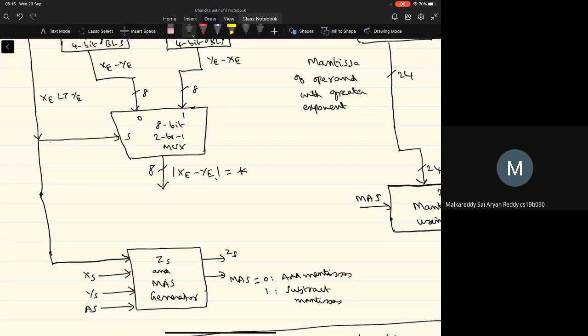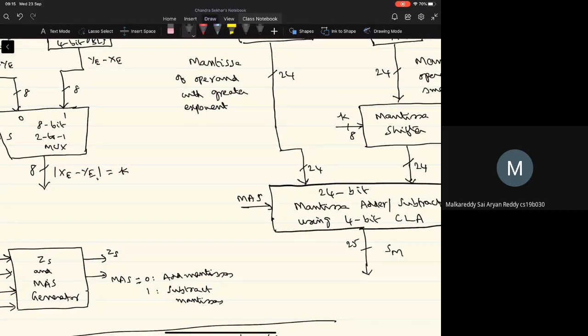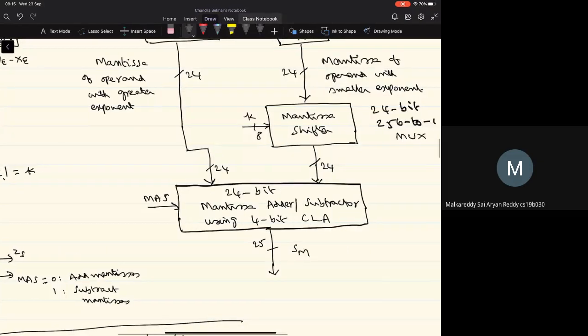And one of these outputs, MAS, will go as input to the mantissa adder subtractor. If it is 0, it will add the 2 mantissas which are aligned. If it is 1, it will subtract the second mantissa from the first mantissa. And then it will produce the result of this mantissa addition subtraction. Let's call it SM, okay?